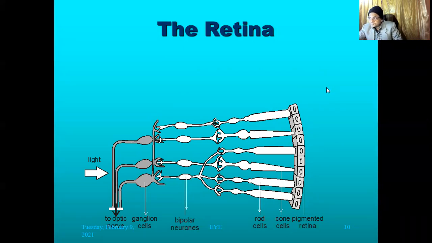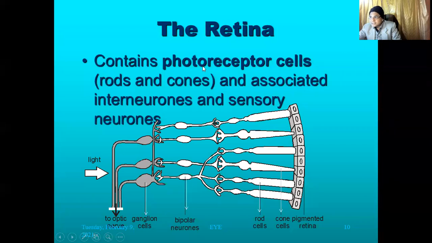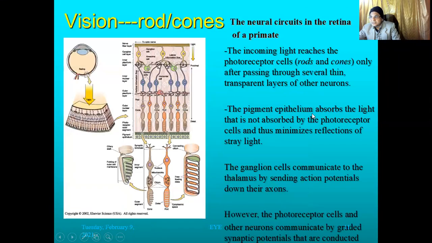Now, the retina contains photoreceptor cells, rods and cones, and associated interneurons and sensory neurons. The detailed diagram is again to make a clear concept about vision, rods and cones and their structure, a clear picture as in the natural way.